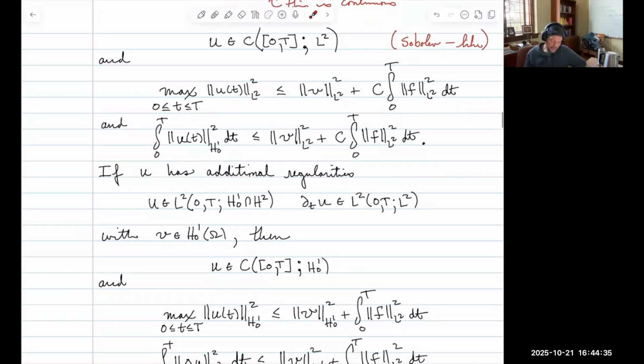If u has additional regularity, so this is additional regularity beyond those assumed for the weak problem.